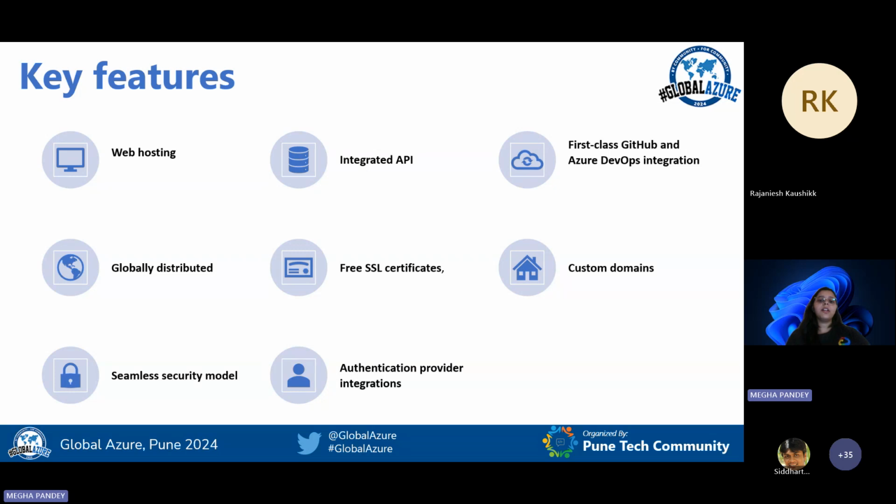You just have to push code into your GitHub repository, and the final destination where you have hosted the web app will automatically update. So it has first-class GitHub and Azure DevOps integration.